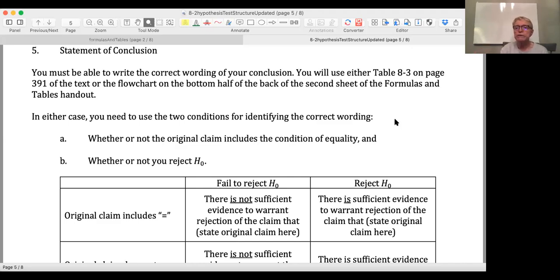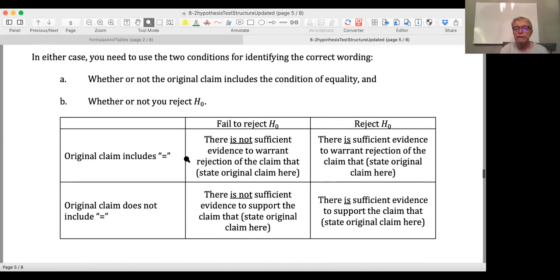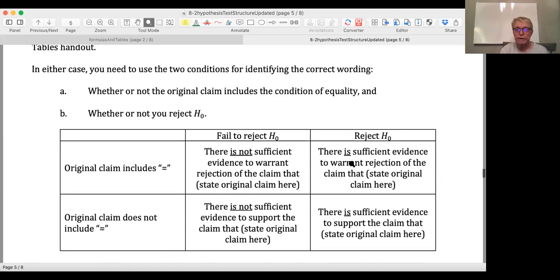So we look at the results of our step 4, our decision, and there's a table here that has the wording for it. And I'll use this table for stating our conclusion.